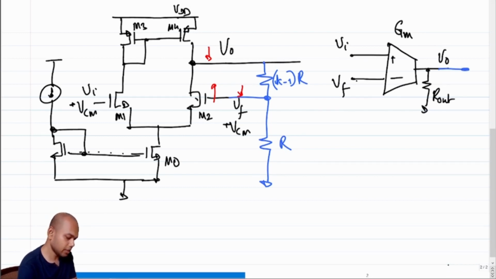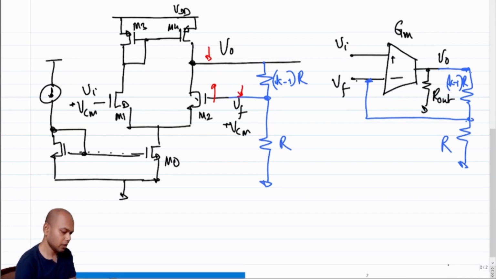I should basically complete the loop by connecting the feedback around it, and this becomes R, this is K minus 1 R. Okay, fine. So in case of our differential amplifier, this is by the way the small signal equivalent.